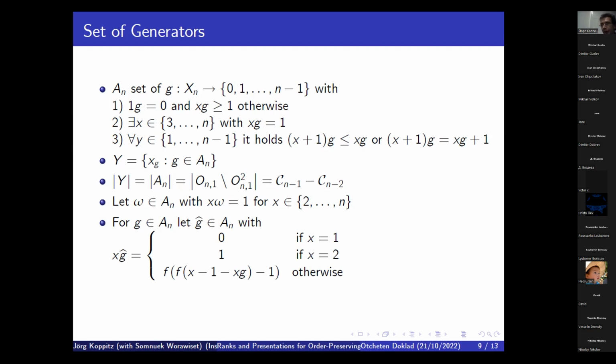Okay, and now we want to define for each element g in An a new element g hat in the following way. For x is 1, we keep the image. For x is 2, the image is 1. And otherwise, we define this in this way. What is f? f is the following mapping.